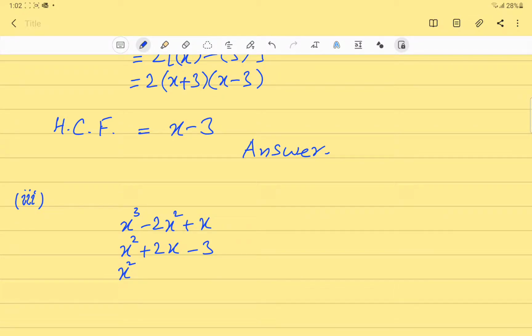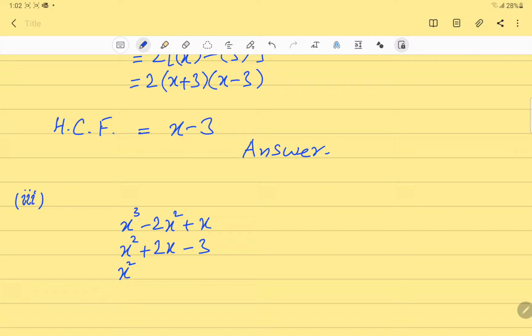First one is x cube minus 2x squared plus x. Second one is x squared plus 2x minus 3.